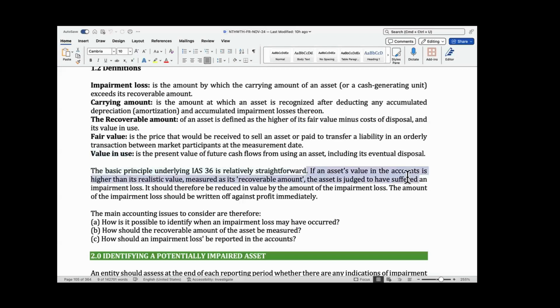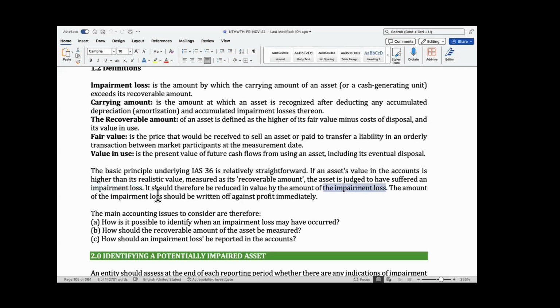That if an asset value in the account is higher than its realistic value, measured as its recoverable amount, the asset is judged to have suffered impairment loss. It should therefore reduce the value of the asset by the amount of the impairment loss.